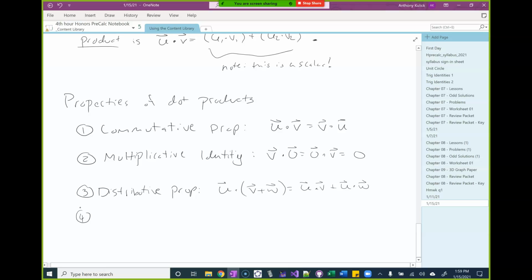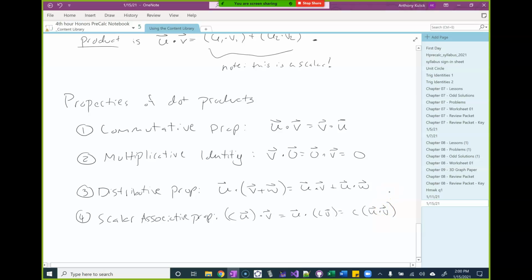And then we have the scalar associative property. So for scalar c, it doesn't matter when you apply that scalar. You could apply the scalar to the vector u and then do the dot product. You could apply the scalar to the vector v and then do the dot product.